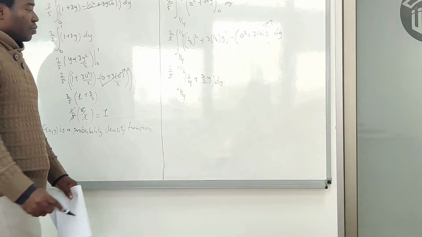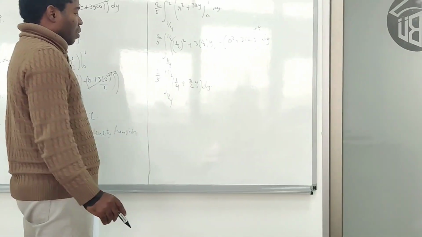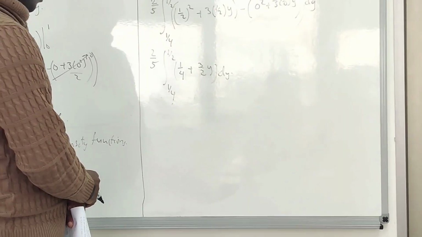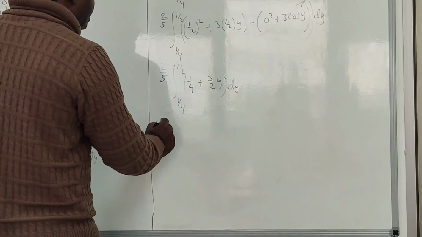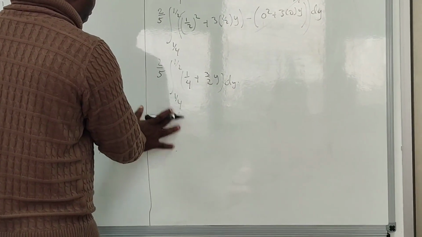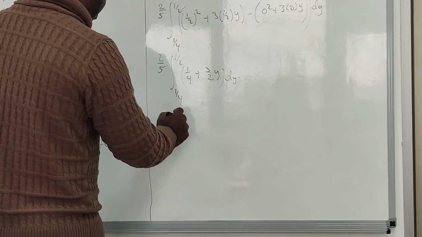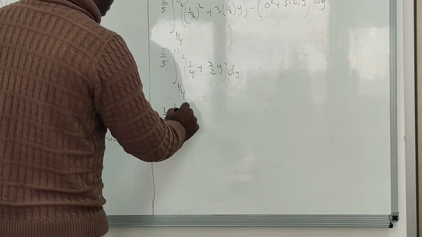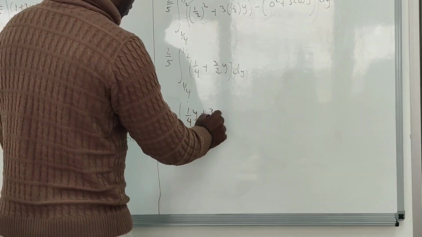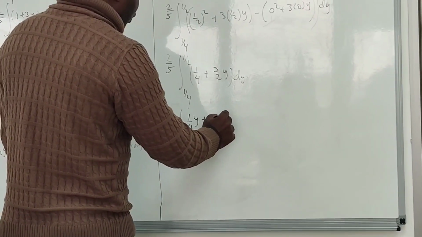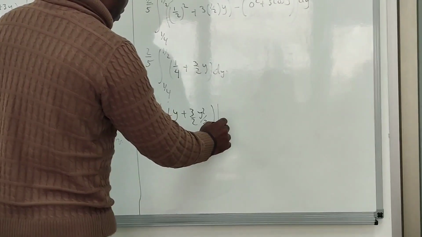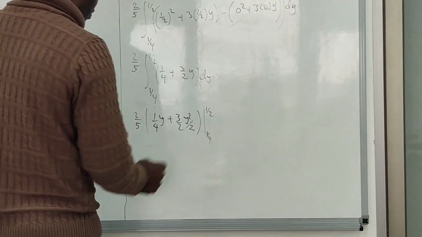Now we are going to integrate with respect to y. Integrating with respect to y, we have 2 over 5 in bracket 1 over 4 y plus 3 over 2 times y squared over 2, from 1 over 4 to 1 over 2.